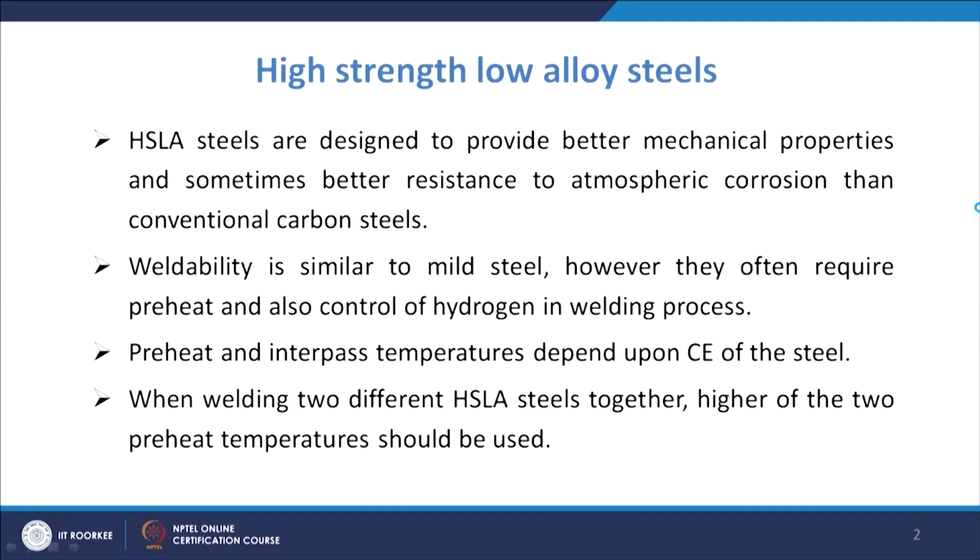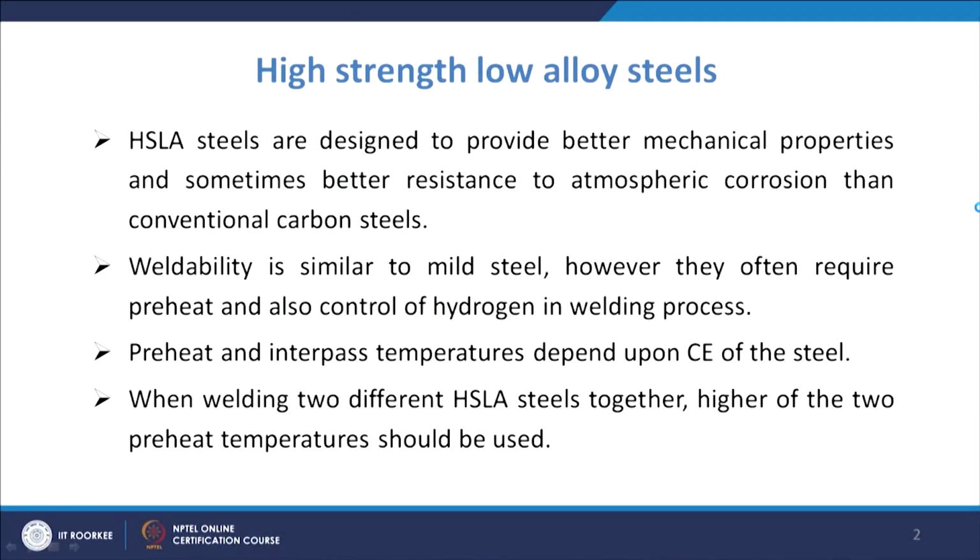These steels are basically designed to provide better mechanical properties and sometimes better resistance to atmospheric corrosion than the conventional carbon steels. High strength low alloy steels are very much used in automobile applications and even in other transportation industries.